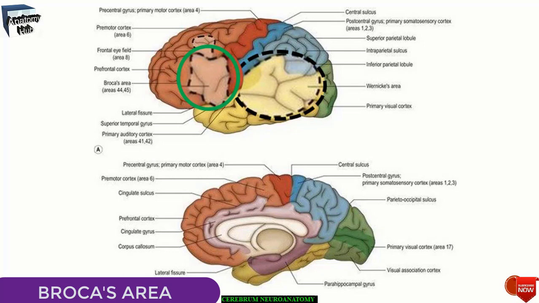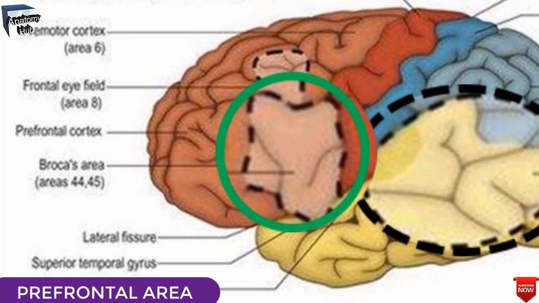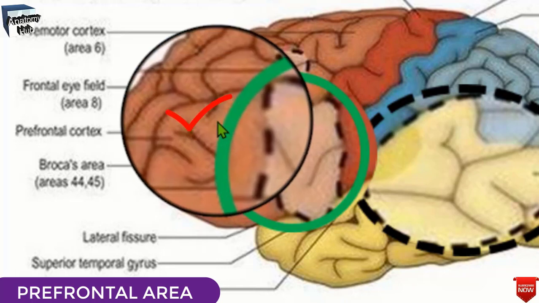The prefrontal area, or prefrontal cortex, that you can observe over here, is the part of the frontal lobe that is rostral to the motor and premotor area. This area is connected with the individual's personality.